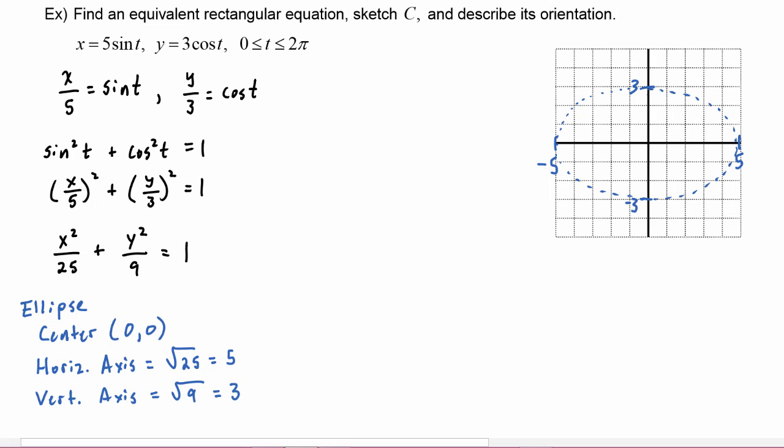While we don't know how much of the ellipse the plane curve will travel, we know that it does have to travel on that ellipse, either some of it or all of it. We've learned that the way we can determine how much of it travels is using the interval for t.